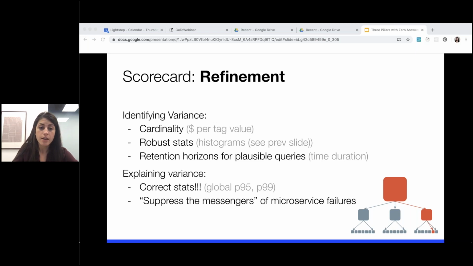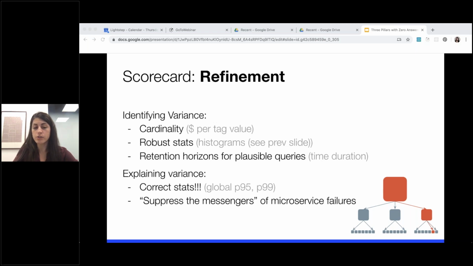The last thing to discuss on the scorecard is the suppressing of messengers for microservices failures. In this diagram on the right, you can see that there is a top service that depends on an intermediary service, which depends on a tertiary service. If the tertiary service fails, you don't want to blame the intermediary service for that failure.